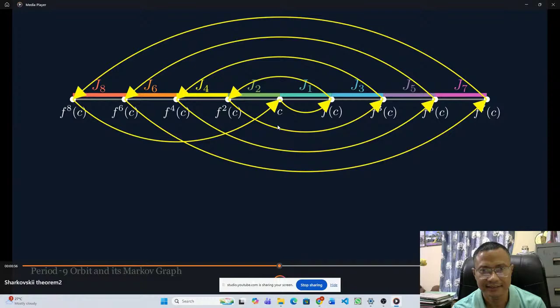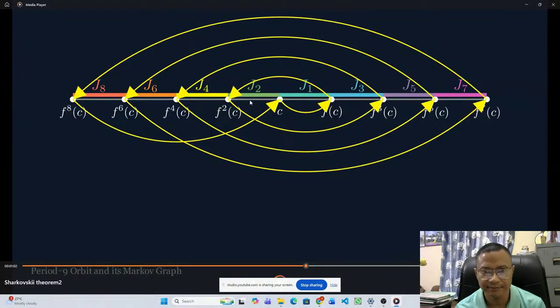See, let us see, this is the endpoint. This interval is called J1, okay? So J1 has two endpoints, one at C, another one at f of C. The image of C is here, f of C, and then the image of f of C is f2 of C here. So one endpoint's image is here, the other's image is here.